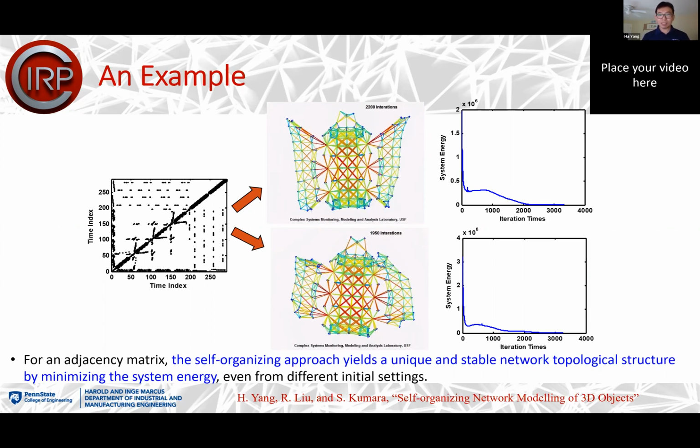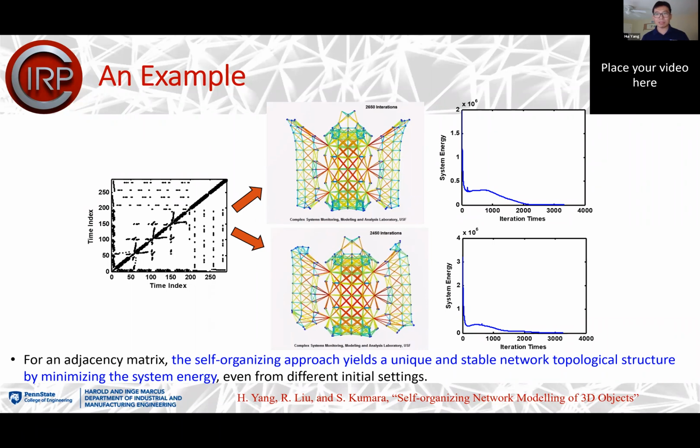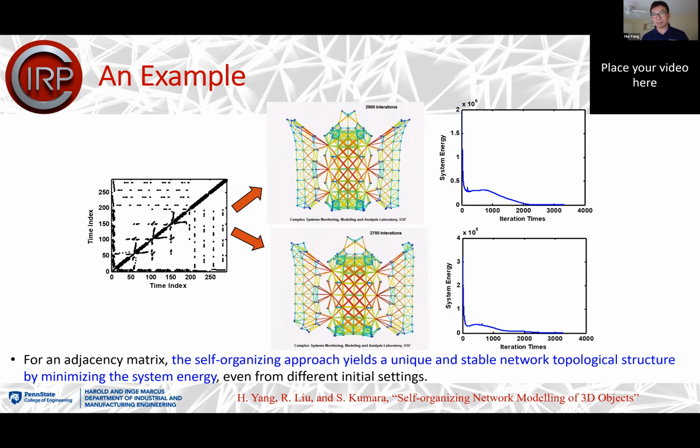You see here, this unique adjacency matrix actually defines a unique topology. So the self-organizing approach actually gives you a unique and stable network structure by minimizing the system energy, even from different initial settings. Okay, this is a very interesting finding from the study.